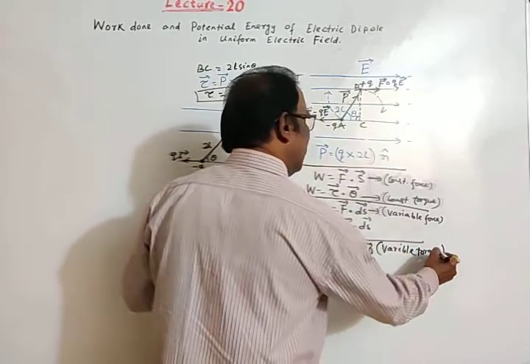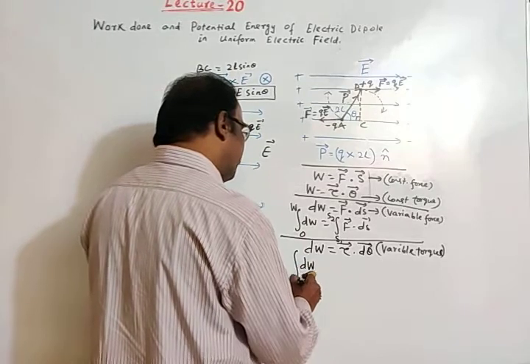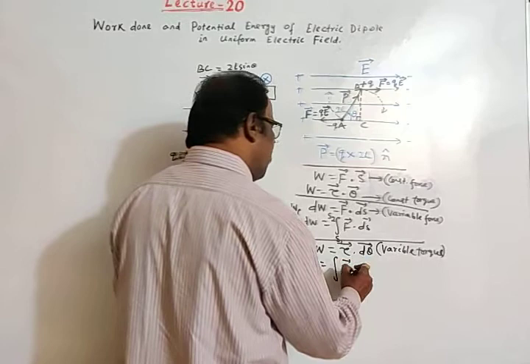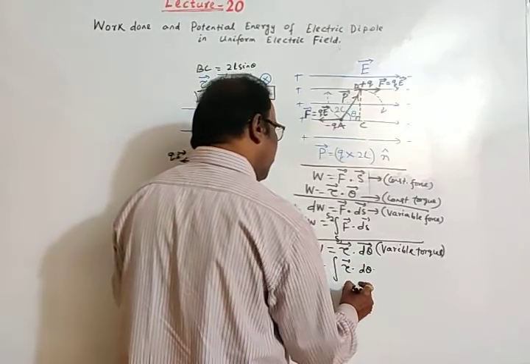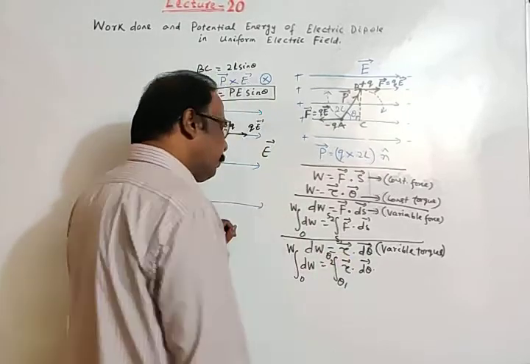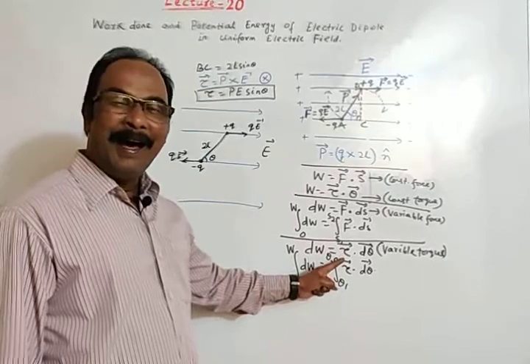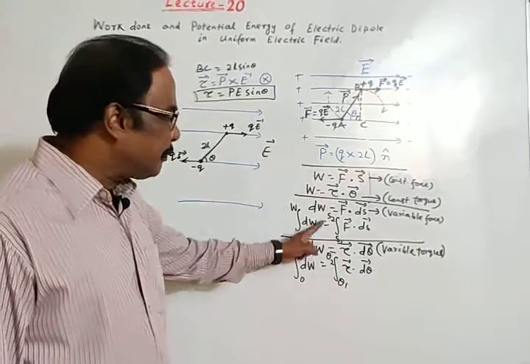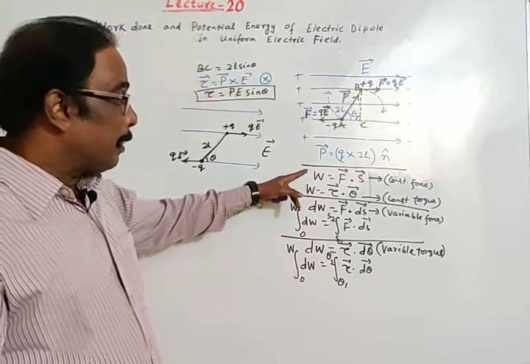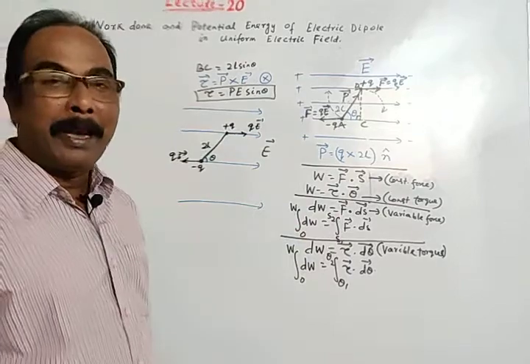Then to get total work, we integrate both sides: the integration of dW from 0 to W equals the integration of torque dot d theta. We take limits from theta 1 to theta 2, from one orientation to another orientation. This is the basic form of work done in the case of constant force, constant torque, variable force and variable torque.